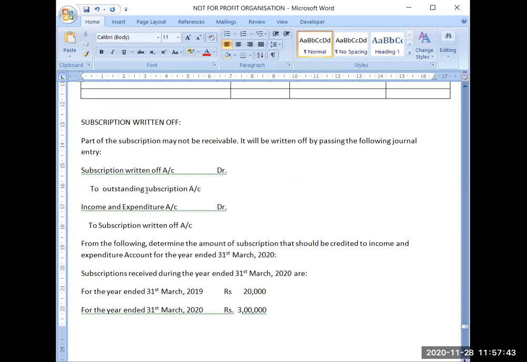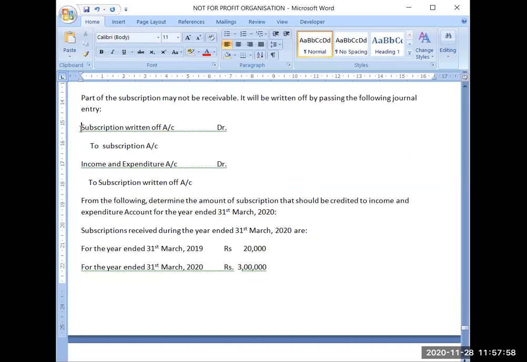Subscription written off account debit to outstanding subscription. But because in the beginning of the year we reverse that entry, the balance of outstanding subscription will become nil automatically. That's why we will do entry in this manner only. And later on, because it is a loss to the organization, it will be transferred as loss to the income and expenditure account.